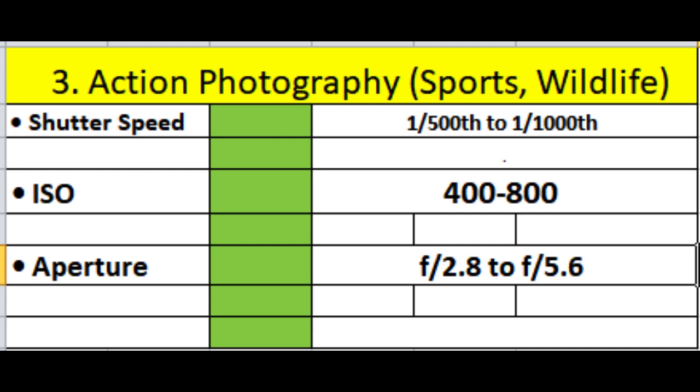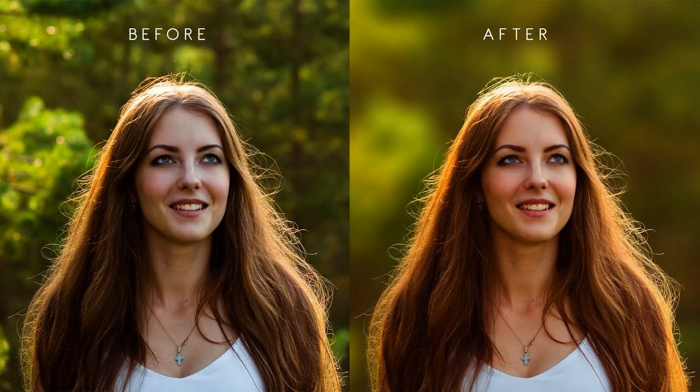Start with ISO 400 to 800 and adjust as needed for the lighting conditions. Aperture: Choose a wider aperture, smaller f-number, like f/2.8 to f/5.6 to let in more light and create a shallow depth of field. Adjust as needed based on the desired background blur and lighting conditions.